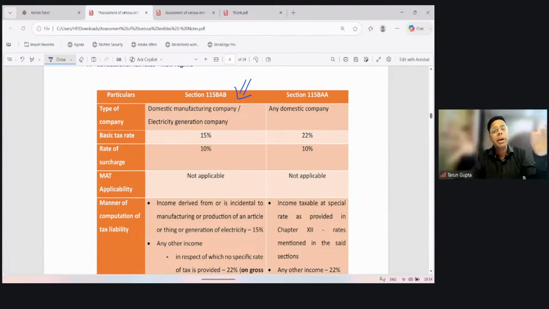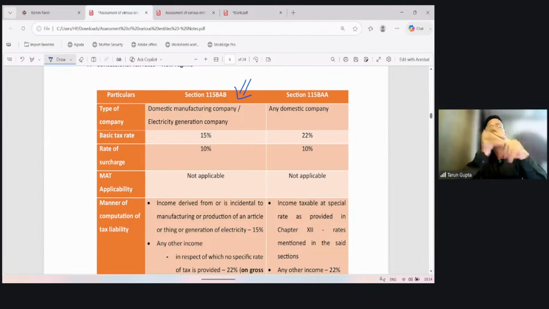So the period during which 115BAB was applicable is: the company must be incorporated on or after 1st October 2019 and must commence manufacturing or electricity generation on or before 31st March 2024.